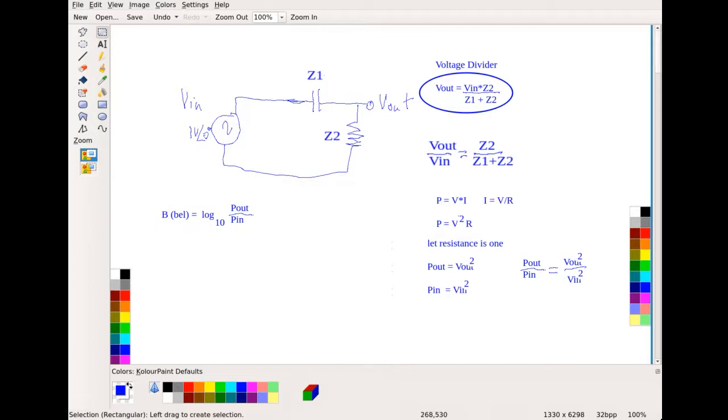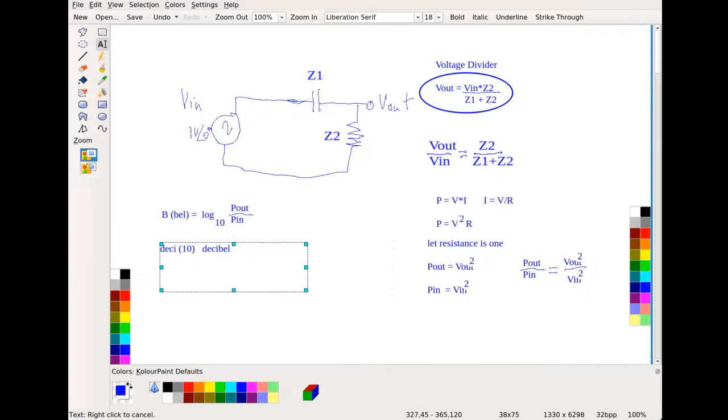Now, this bell is kind of a large number. So what they do is they create a decibel, right? So deci, remember, deci is 10. Okay, so they create a decibel, or normally it's pronounced decibel.